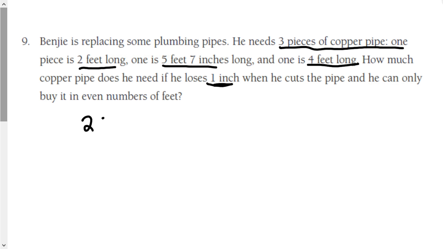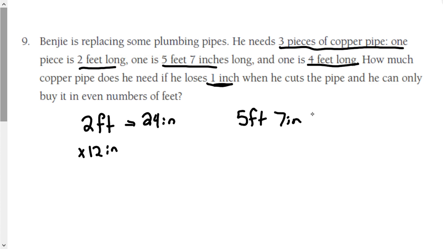So if I have 2 feet, we can think about this in terms of inches if we'd like. There are 12 inches in each foot, so this would convert to 24 inches. And then we would lose an inch. Or the other way that we can think about it is that 5 feet 7 inches, this is how they write it, means that there are still 5 inches to spare.